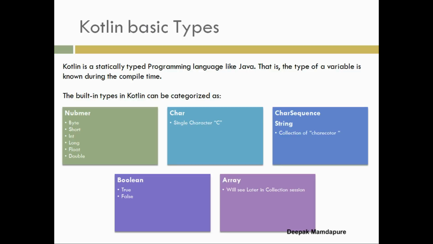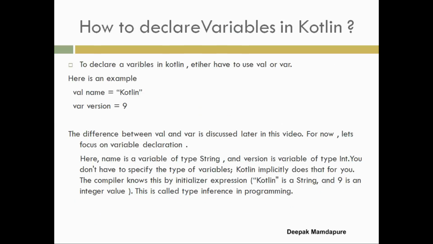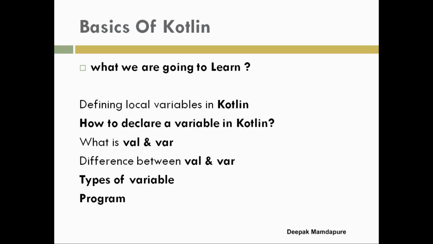We can see practically how to use number types like byte, short, int, long, float and double, and how to use char, char sequence and boolean in our practical session. So in today's video, these are the things we covered: defining local variables in Kotlin, how to declare variables in Kotlin, what is val and var, the difference between val and var, and types of variables.